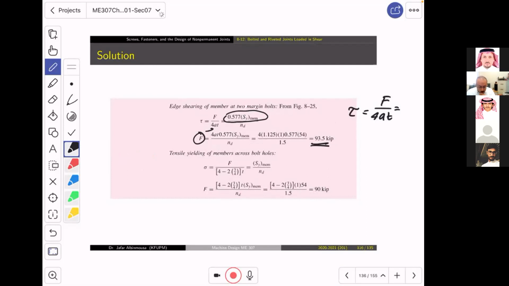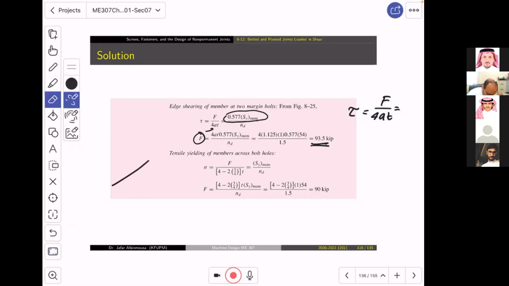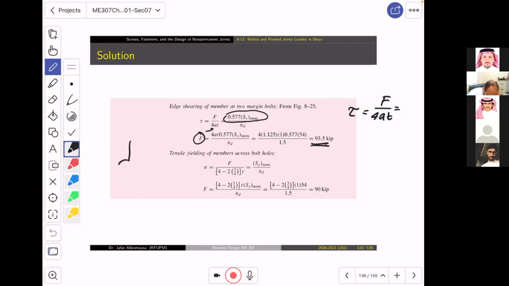The last thing that we need to think about is the yielding of the member. With respect to yielding of the member, you need just to think about one thing. The member has two cuts. So the area is going to be this area and this area.